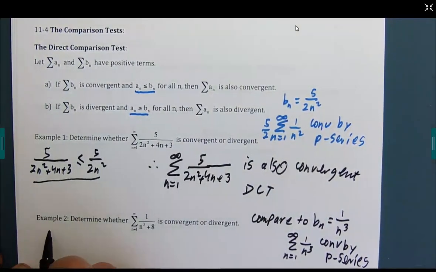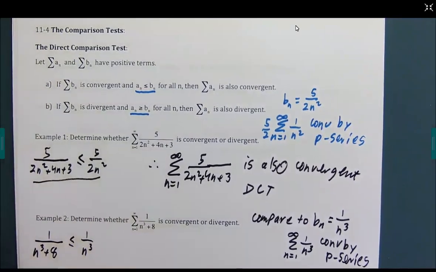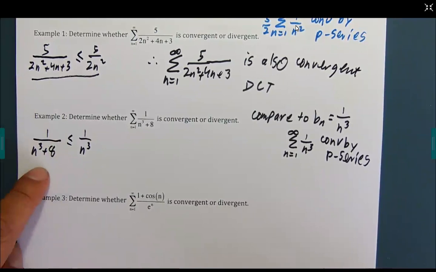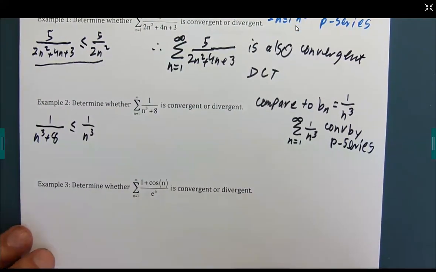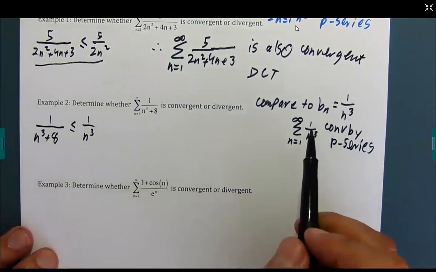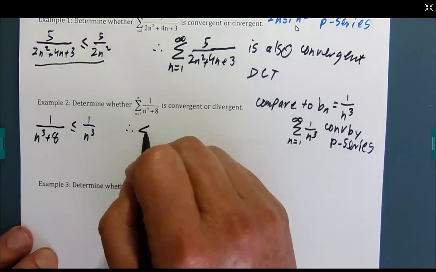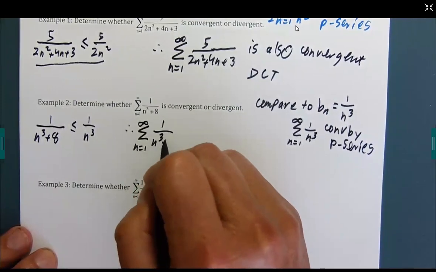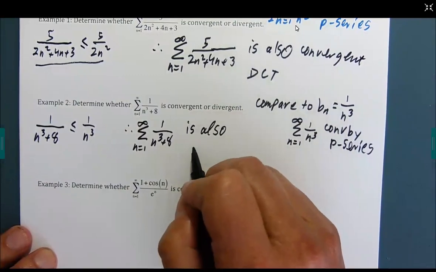And we know that 1 over n cubed plus 8 is going to be less than or equal to 1 over n cubed for the same reason as this one. I'm adding in the denominator, so this denominator will always be larger than this denominator. Therefore, the overall fraction will always be smaller. So we have convergent, what we're comparing it to. It's always less than, therefore, also convergent.